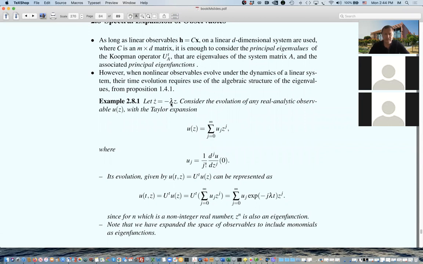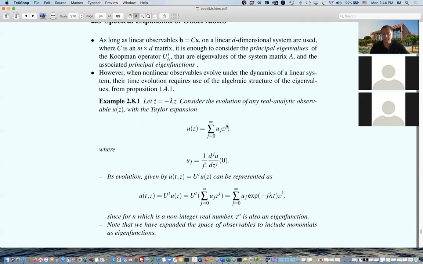So we have a stable system, and assume that our observation is nice in the sense that we can expand it. That observation u, so measurement u, we can expand in terms of the state z. So we can expand it as a sum from j equal to 0 to infinity of u_j z^j. These are some coefficients.